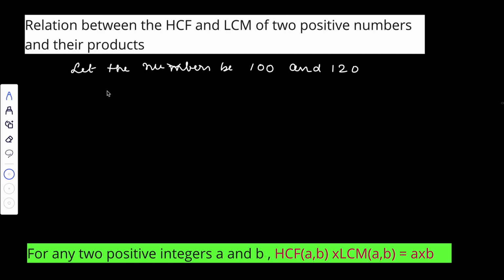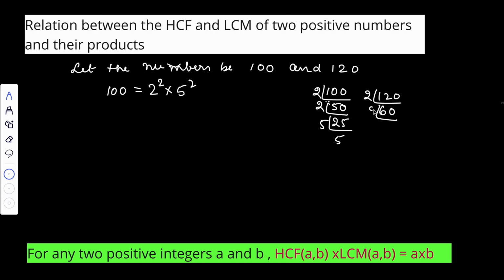Now we'll find the HCF and LCM of these two numbers. 100, we'll find the prime factorization, 2 50 times, 2 25, 5 5 times. It is 2 square into 5 square, and 120, 2 60 times it goes, 2 30 times, then 2 15, 3 5 times. So 120 is equal to 2 cube into 3 into 5.